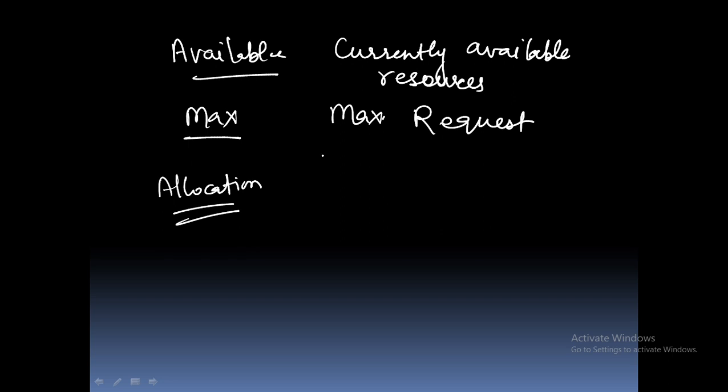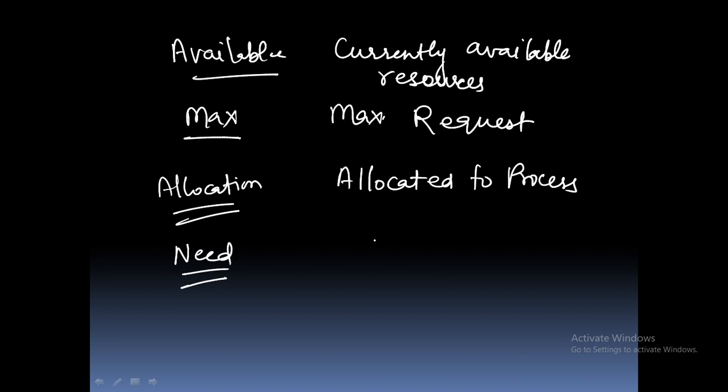Allocation means the number of instances of each resource type that has been allocated to a process. And need means the number of instances of each resource type that a process requires for execution. That is need.